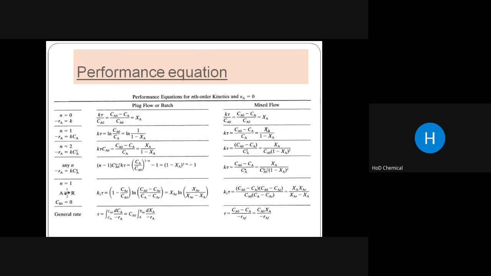But in the mixed flow reactor it is XA by 1 minus XA; ln doesn't come in the mixed flow reactor. For second order, we can write the rate of reaction as minus rA equal to K into CA square.